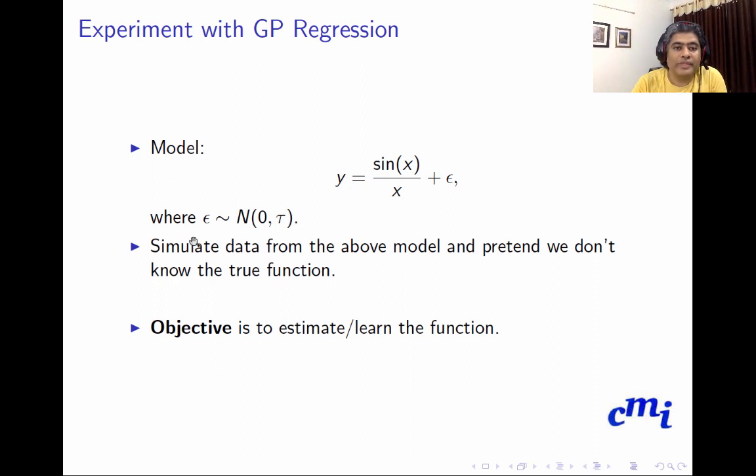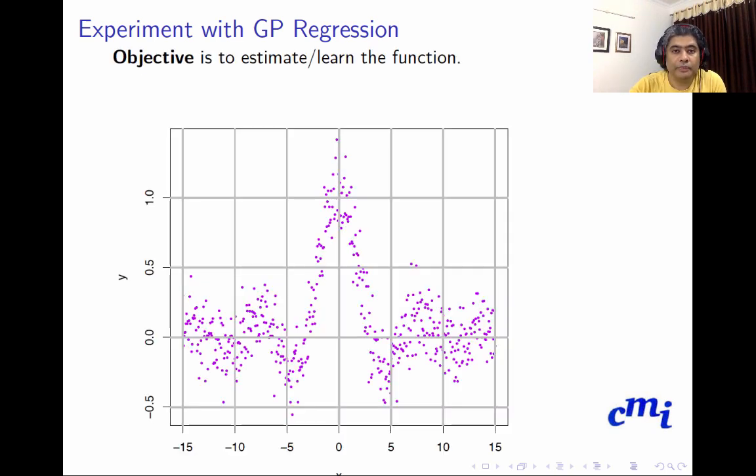So we will simulate data from this model and pretend we don't know the true function. Once we have only x and y, we will try to fit the GP regression on that data, and then we will compare that against the actual function.